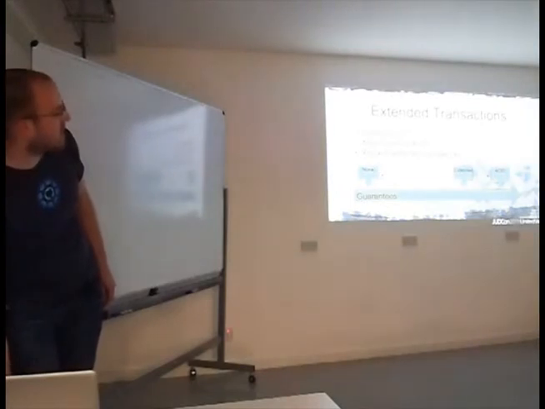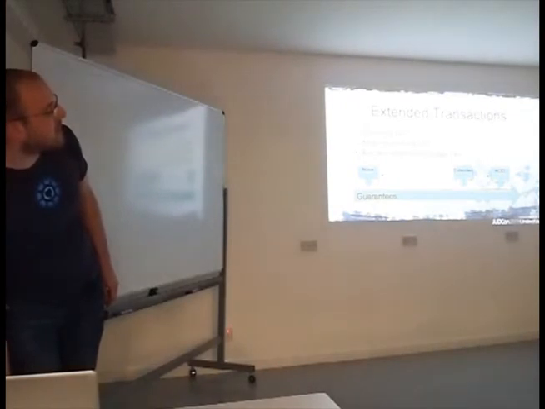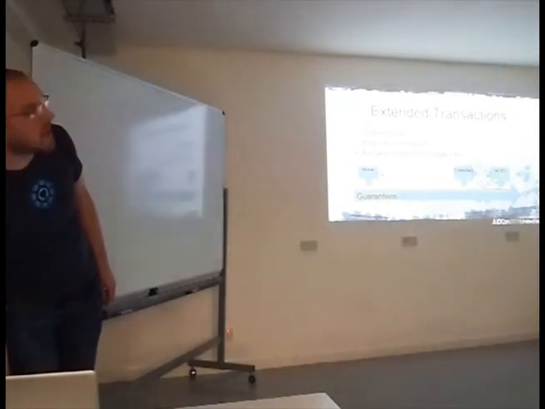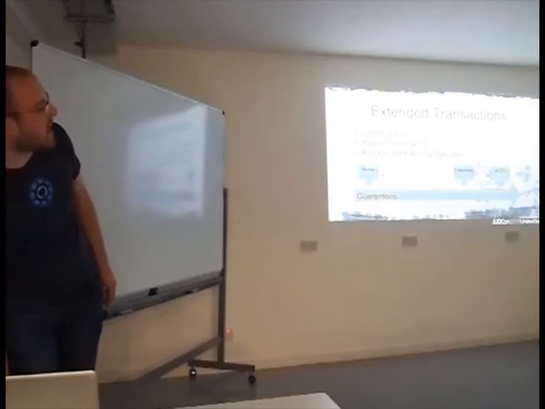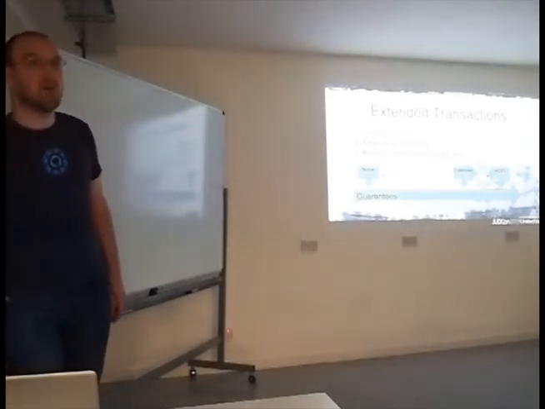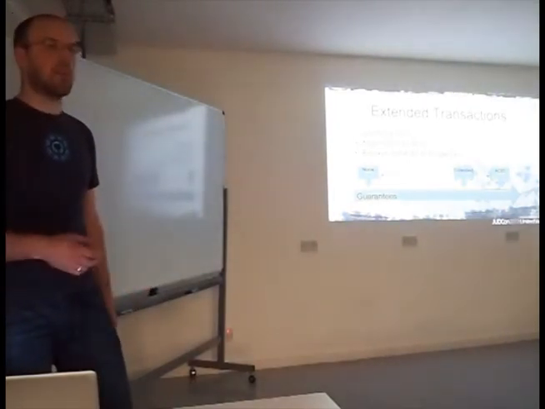Then as you move over to ACID transactions, you've got very strong guarantees at this end of the spectrum. But if these guarantees are too much and they're not working in your application, you don't have to drop right back to no transaction. You can pick a transaction protocol on this spectrum, an extended transaction model that fits your needs, and maybe you relax the ACID properties that you don't actually need in your application.